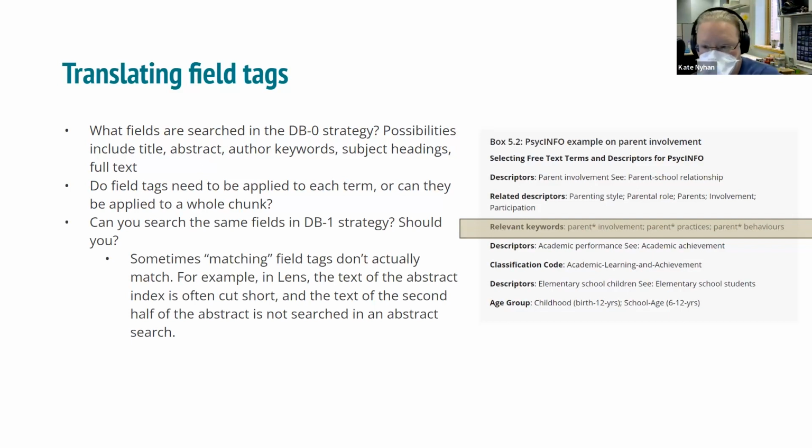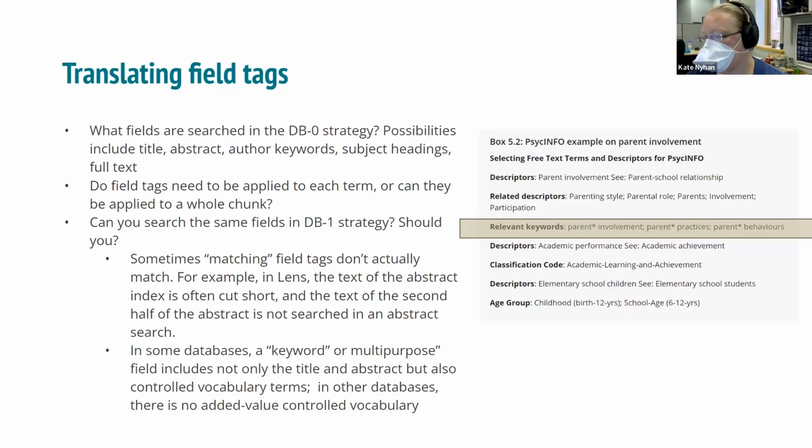For example, in Lens, a very big free database with great coverage of LMIC content, but a weird characteristic: the text of the abstract index that's available to be searched in that database is truncated sometimes. And so if the keyword you're looking for is in the second half of the abstract and you search the Lens abstract index, you're not going to get some of the papers that you actually want to retrieve.